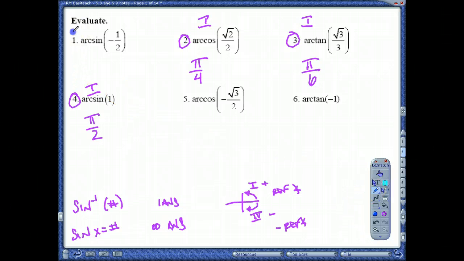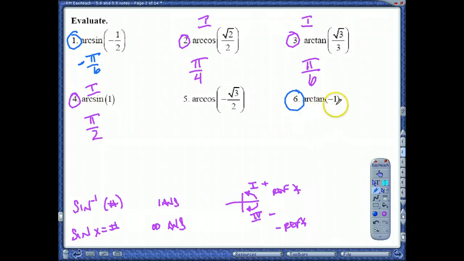Okay, now we're going to look at the negative versions. Your sine and your tangent are going to be very similar in the fact that you got a negative number, you're going to be using your negative reference angle. So arcsine is -1/2. You're looking at which angle is going to have a sine of 1/2. That's going to be pi/6. So negative means we're going through the fourth quadrant in the negative direction. So negative pi/6.